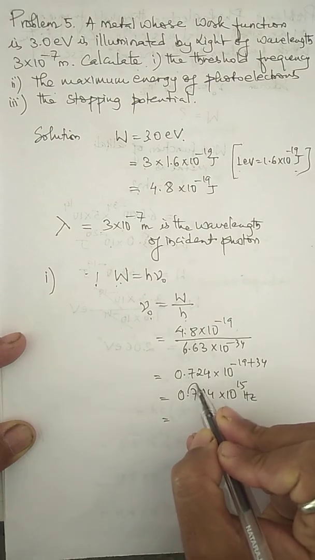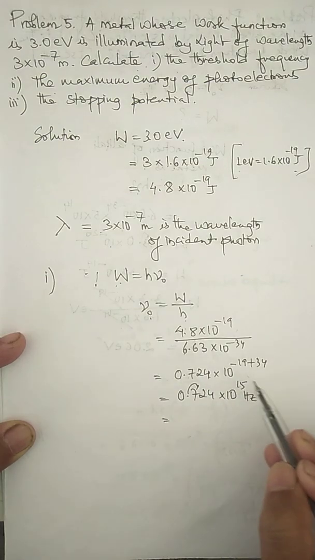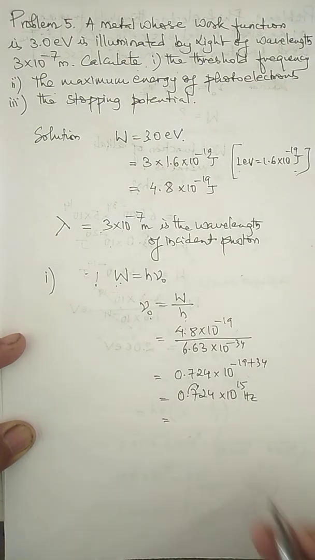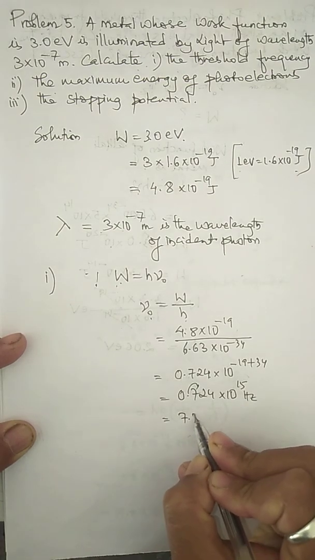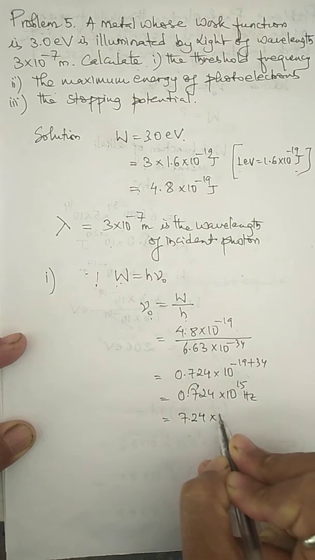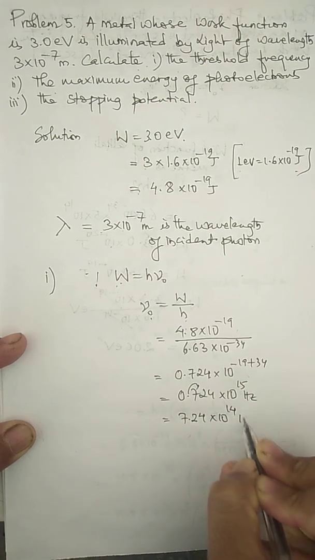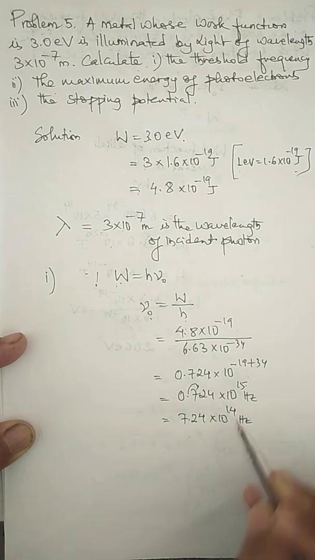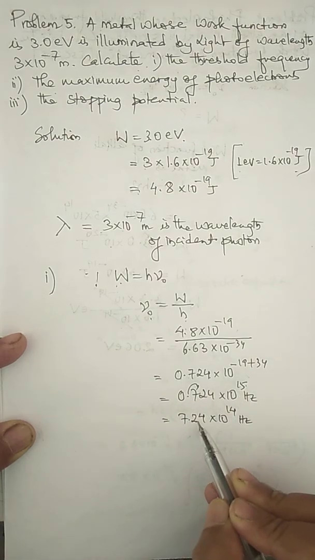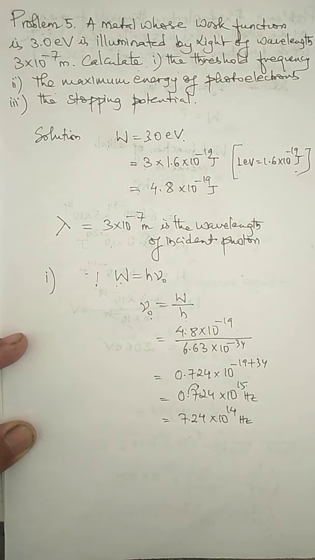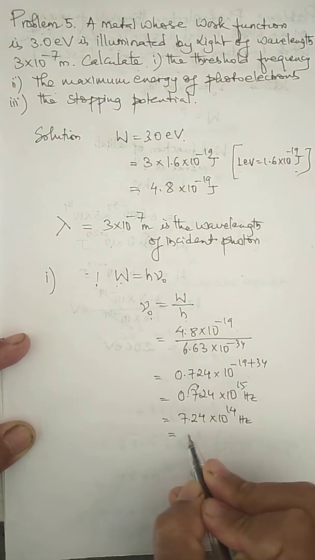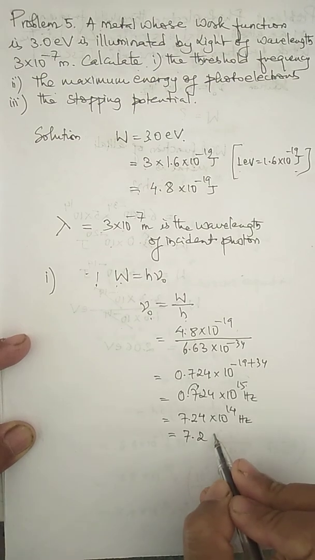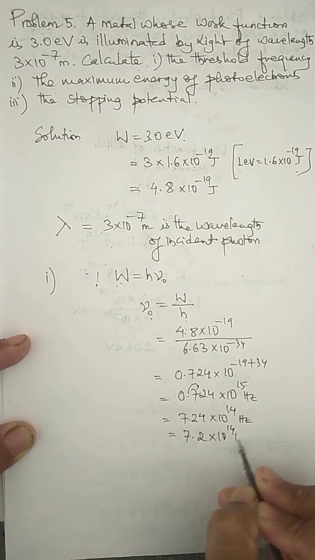So I shift the decimal to the right: shifting 1 decimal right, the power decreases by 1, which means it will be 7.24 into 10 power 14 hertz. Even if you round off to 1 decimal place, 7.2 into 10 power 14 hertz.